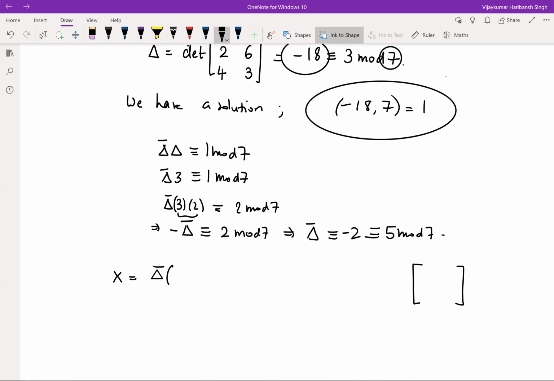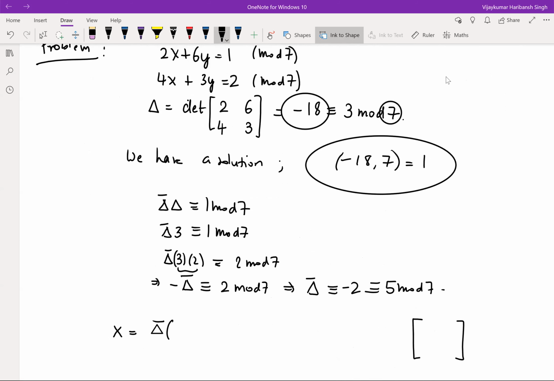So what I'll do is in this, I'll replace the first column by 1, 2, keep the second column as it is. Determinant of this will be what we get here. So we'll get 3 minus 12, which is minus 9 mod 7. That is same as minus 2. So delta bar times minus 2 mod 7.